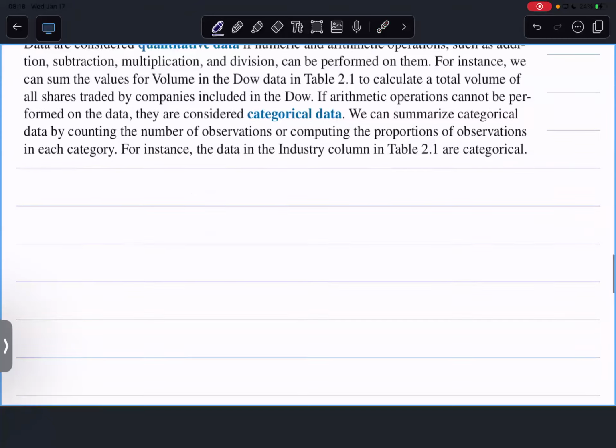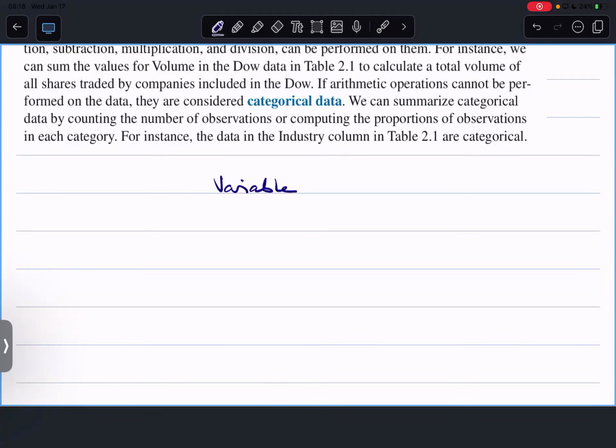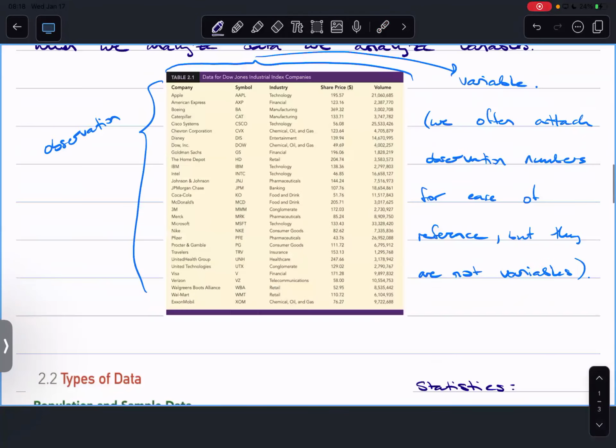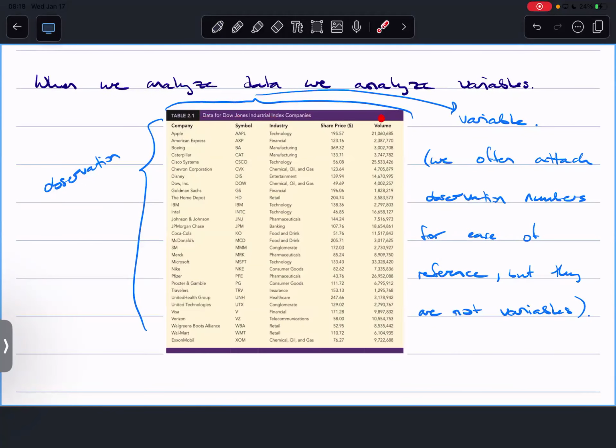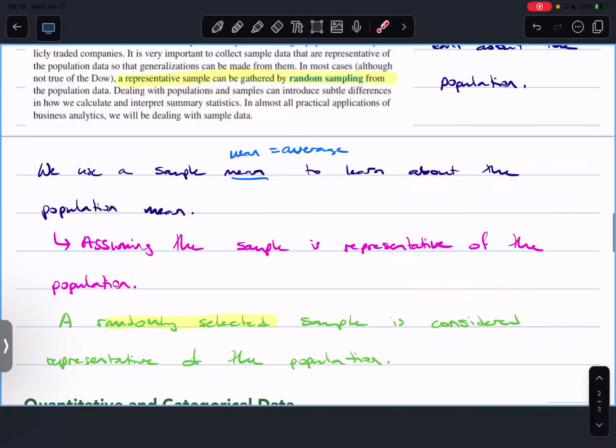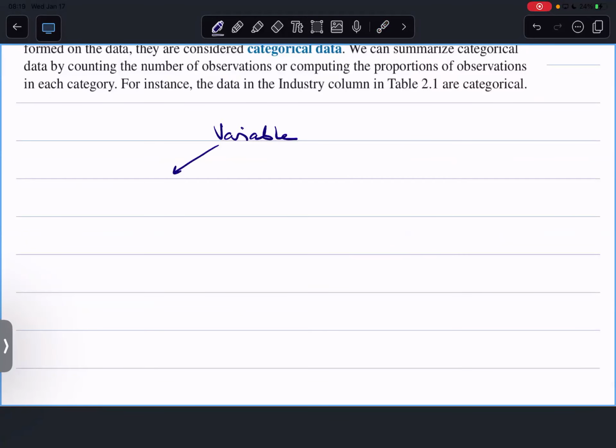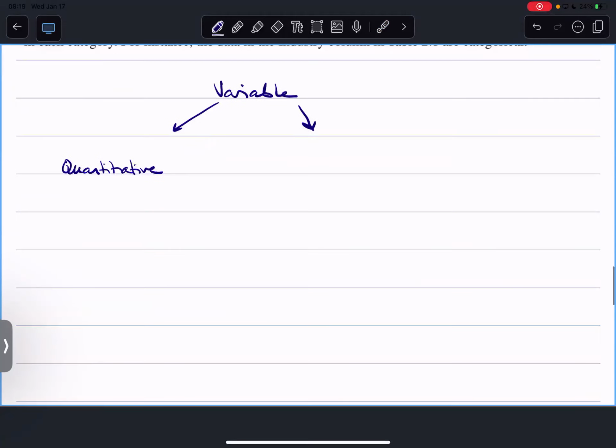For us, any variable, and remember the variables are these columns, is classified as either quantitative or categorical.